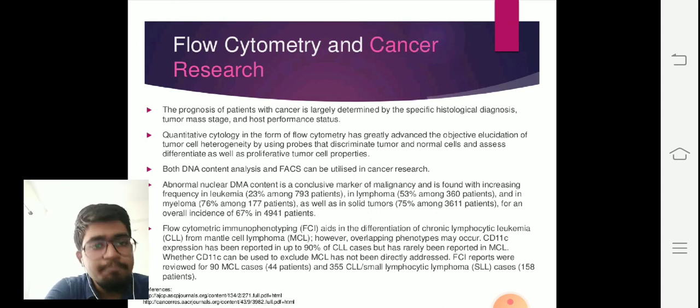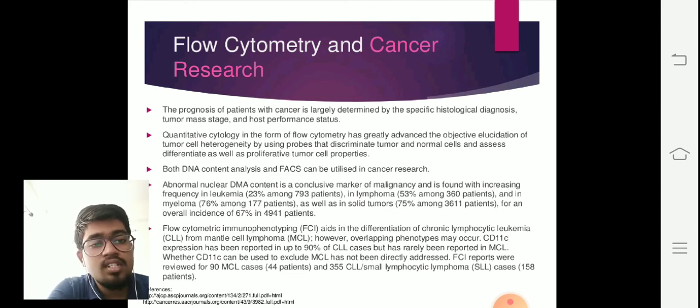However, overlapping phenotypes may occur, like CD11c expression, which has been reported in up to 90% of chronic lymphocytic leukemia cases but has rarely been reported in mantle cell lymphoma. Whether CD11c can be used to exclude mantle cell lymphoma has not been directly addressed.